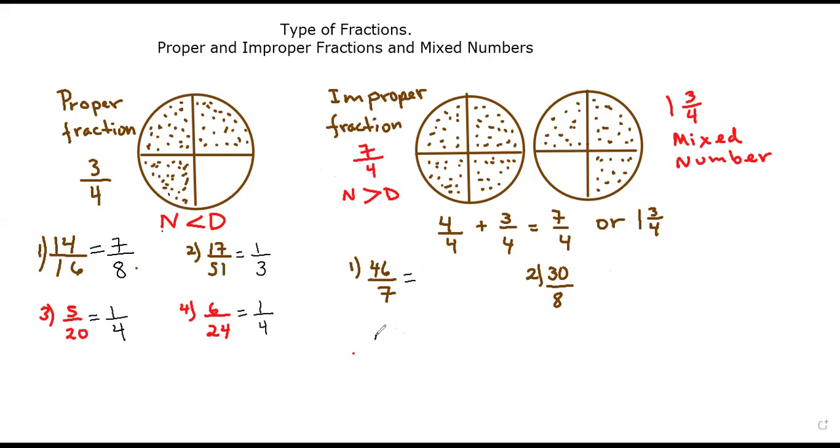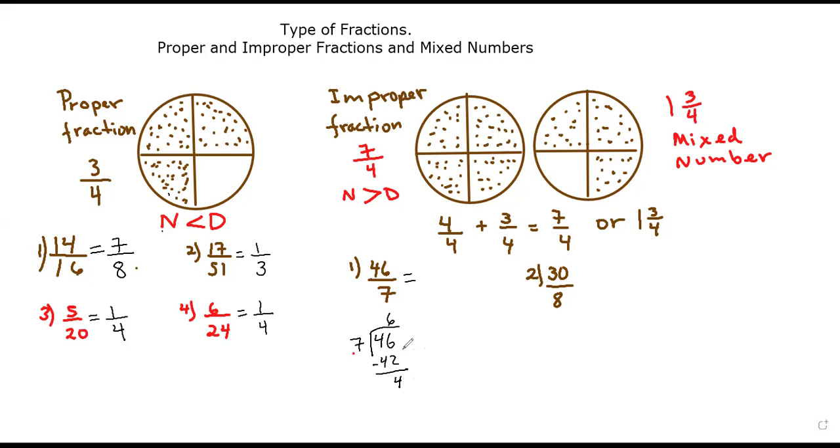We divide 46 by 7. My answer is 6. 6 times 7 is 42. Now we subtract: 46 minus 42 is 4. So that is my remainder.